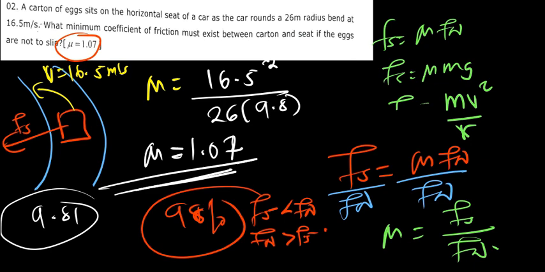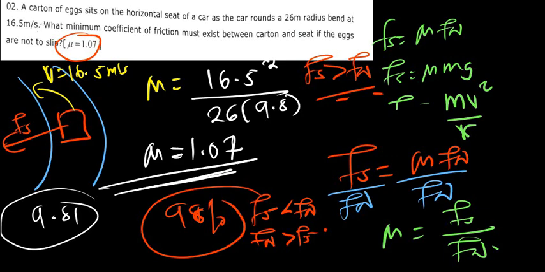But in some cases, that is the 2%, the friction force is greater than the normal force, then the coefficient of friction is going to be greater than 1. That is the case we have right now.